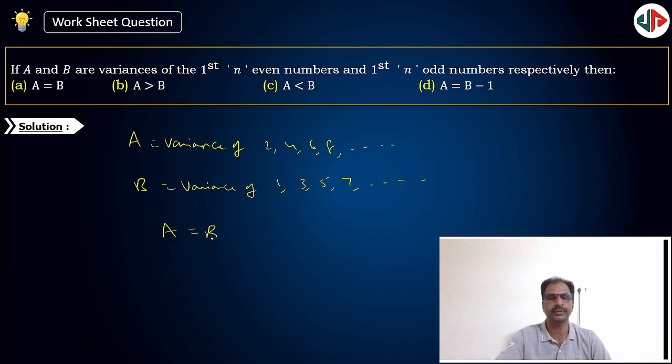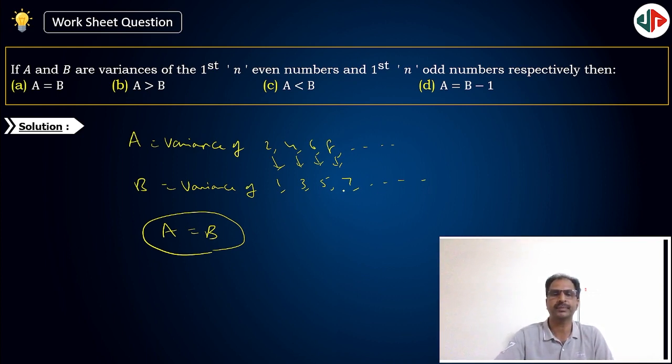Both are equal, because variance doesn't get affected if you subtract or add a constant to each and every number. When you subtract one from each observation in A, you will get the observations in B. So when each observation is added or subtracted by a constant, variance remains the same. Variance of B and variance of A are equal because 1, 3, 5, 7 are obtained by subtracting 1 from 2, 4, 6, 8 and so on. So A and B are equal, so option A is correct.